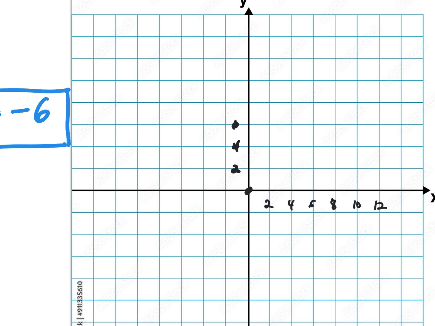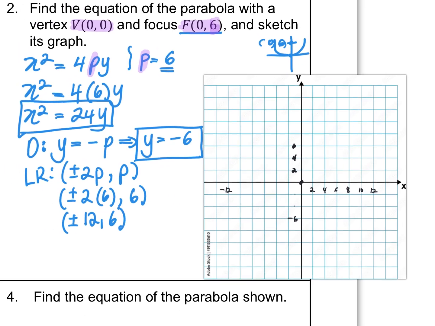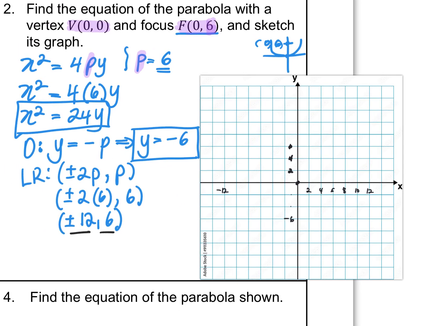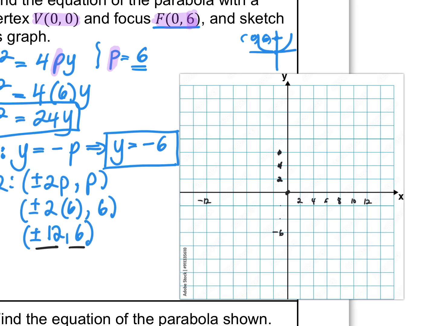And as much as this, 2, 4, 6, 8, 10, and 12. This is going to be negative 12. And we have here 2, 4, 6. This is going to be negative 6. Why I'm labeling this: because of my latus rectum, which is plus minus 12, 6, and then also we're going to have our directrix at y equal to negative 6.